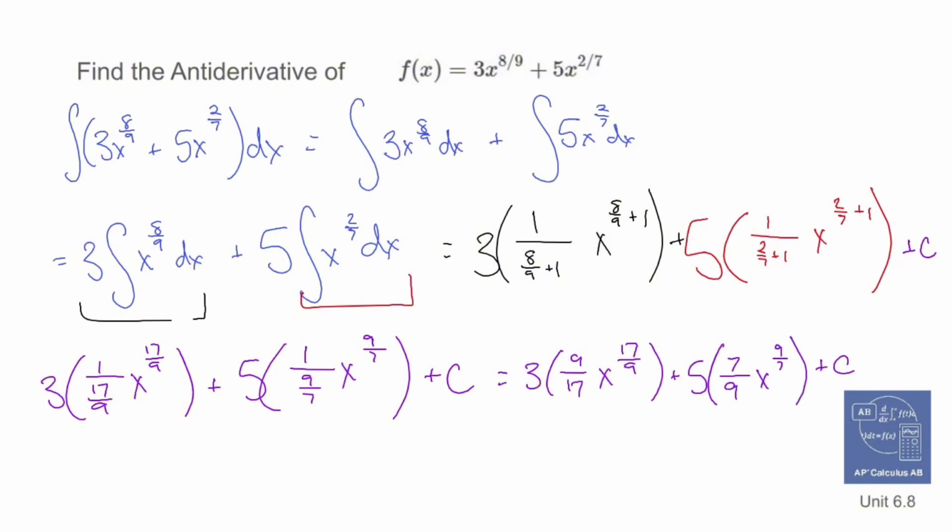And let's finish this puppy up by multiplying: 3 times 9, 27 over 17, x to the 17 over 9, plus 35 over 9, x to the 9 over 7, plus c. Definitely not the prettiest one out there, but I think I did it right, so I'm sticking with it.